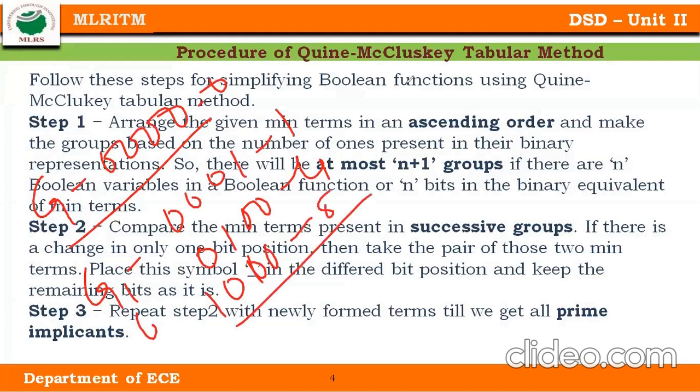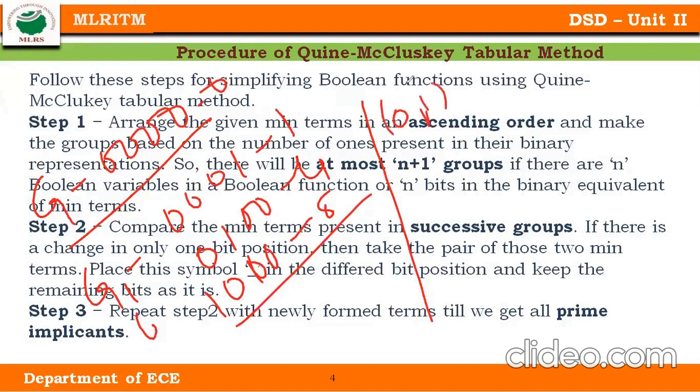Start comparing the starting group with the successive group, the next group, and if the values of the positions are the same, take them as they are. In case any value is changed, then mark it with a dash. So I am comparing group 1, min terms 0 and 1.